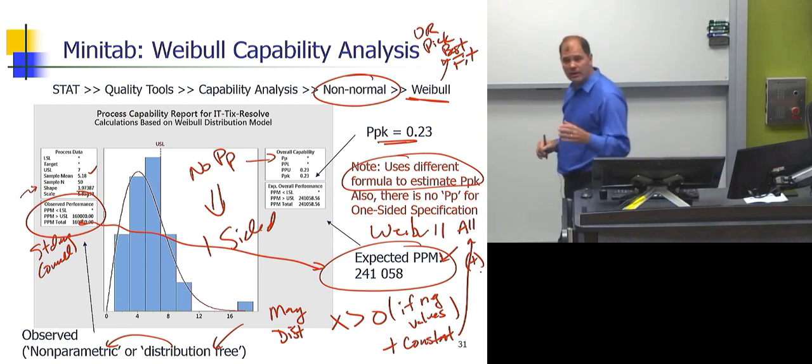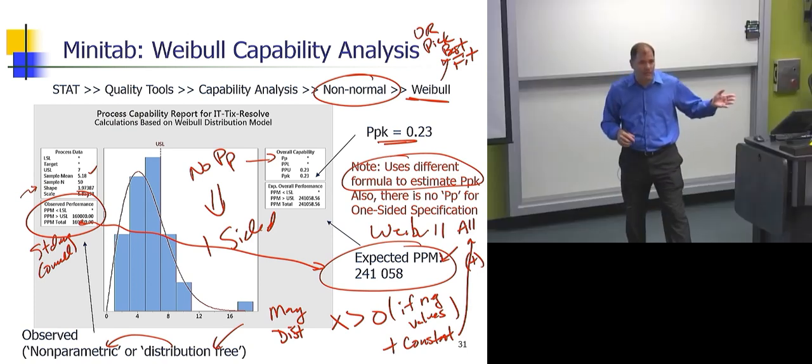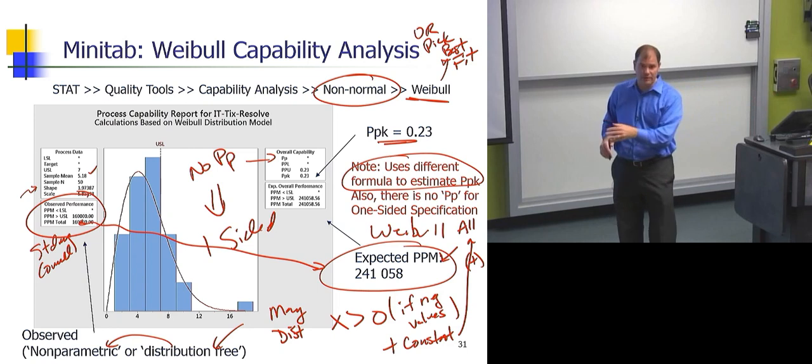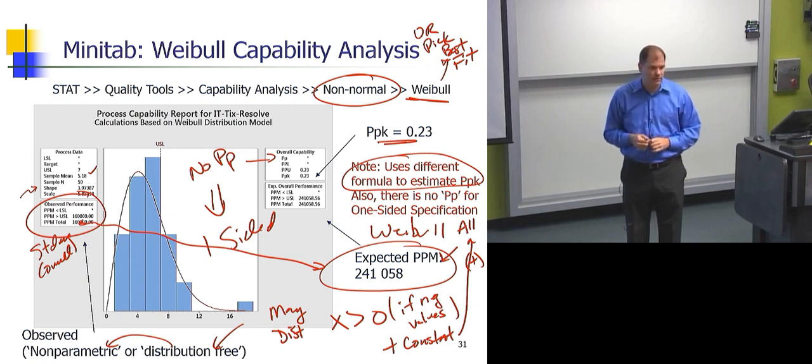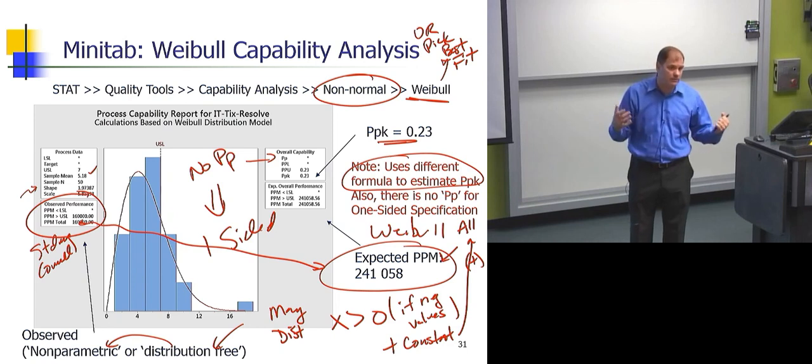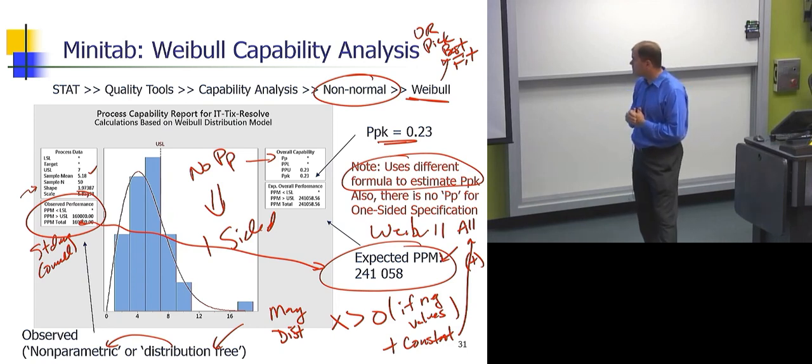I'll say that in words. If I have negative values, I might just add 100 to everything, and that will shift everything to all be positive values, assuming that everything is above 0 then. So just add some number to the data, if you have to, to make everything positive. Sometimes you fit a distribution, and it says you have negative numbers, it can't fit that. That's how you get around that.